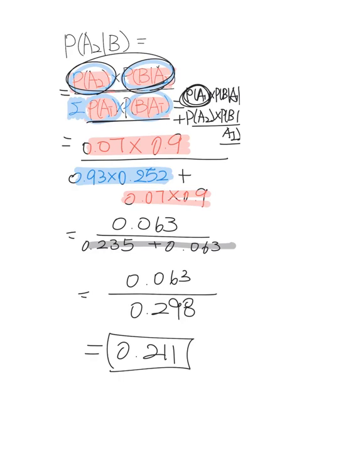See, again, we use the conditional probability B given A to get what? A given B. Let me give a tip.